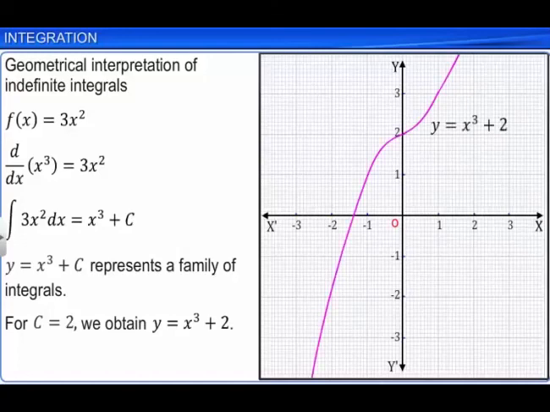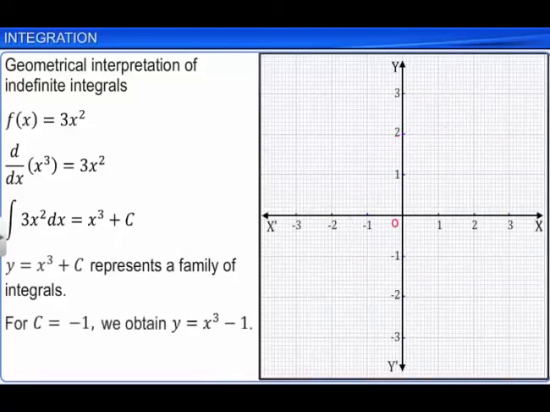For c is equal to minus 1, we obtain y is equal to x cubed minus 1. The curve can be obtained by moving the graph of y is equal to x cubed 1 unit along the y-axis in the negative direction.